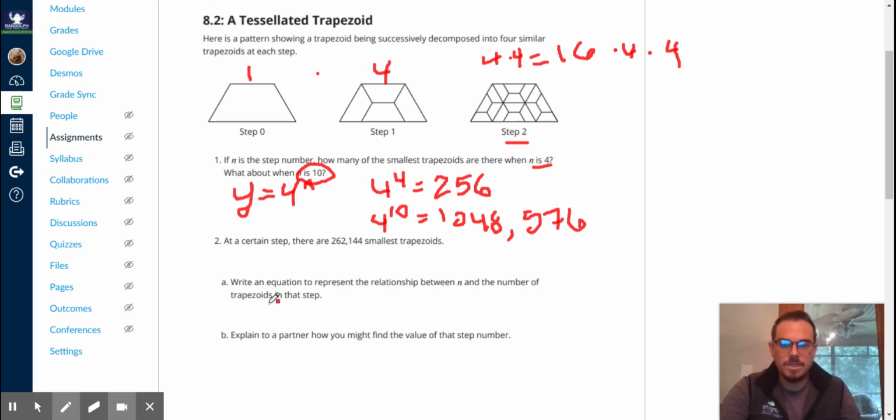For number 2, it says at a certain step, we know that there are 262,144 smallest trapezoids. We want to write an equation to represent the relationship between n and the number of trapezoids in the step. So all we have to do is take that number, 262,144, and set it equal to 4 to the n.